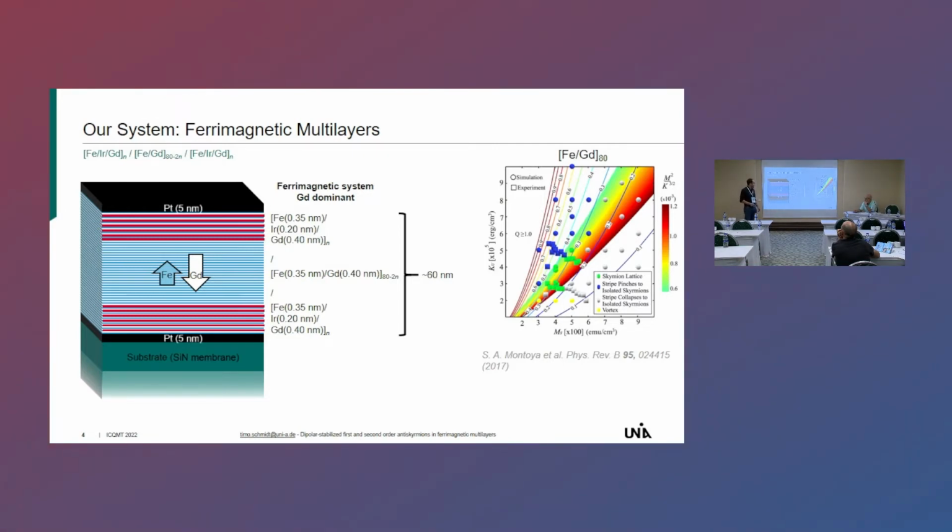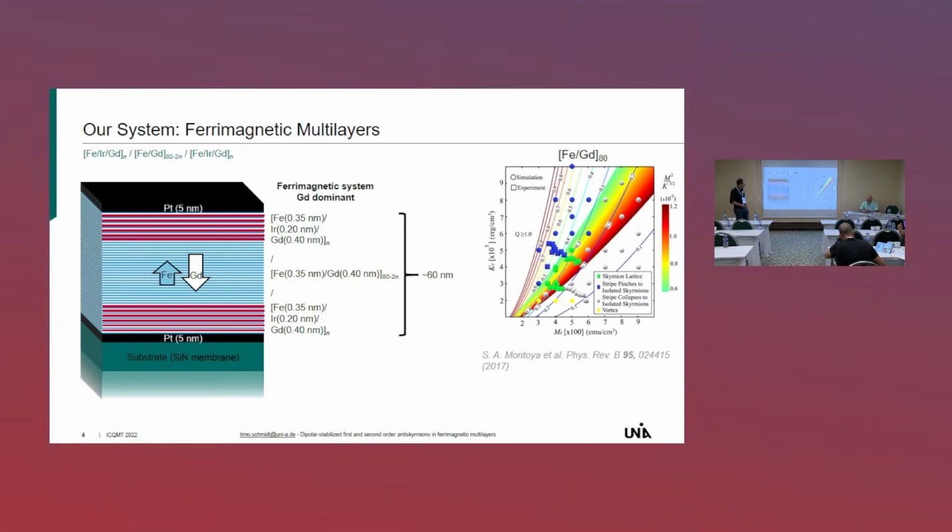Like we made a few samples with different numbers of iridium layers, because iridium has a really strong spin-orbit coupling, and it basically introduces DMI to the system. So we have a Bloch type characteristic from our iron and gadolinium, and we could have this Néel skyrmion characteristic type, because in the DMI systems, most skyrmions form for a Néel type.